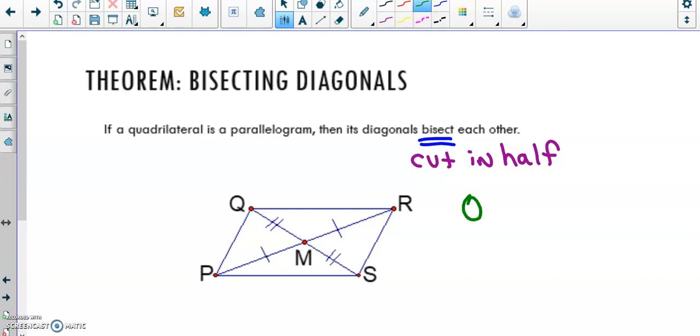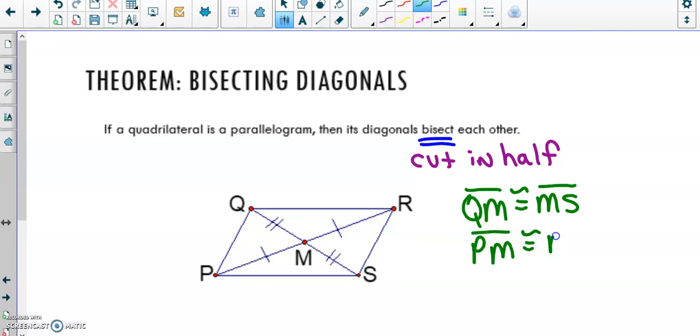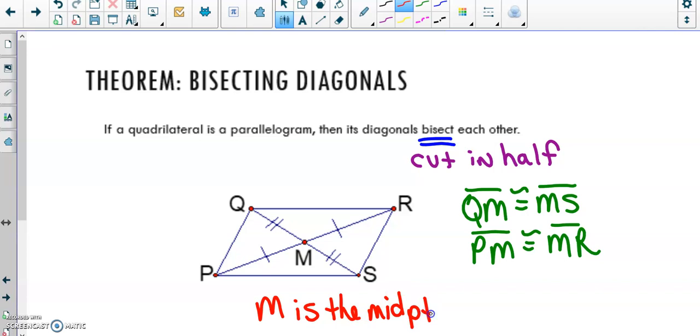And from the markings in the picture, you can see that QM is congruent to MS, and PM is congruent to MR. Because the diagonals bisect each other, those segments are congruent, and we also know that M is the midpoint of PR, and it's also the midpoint of QS.